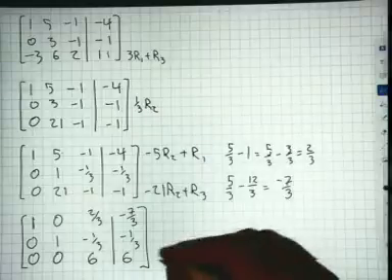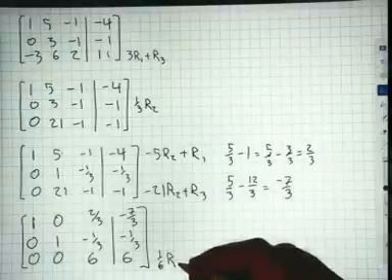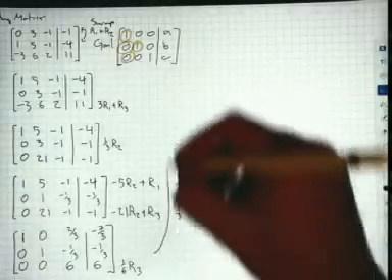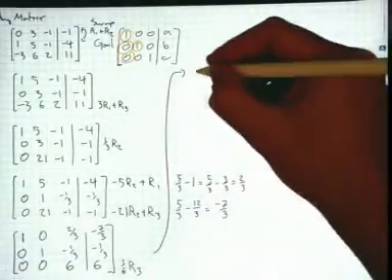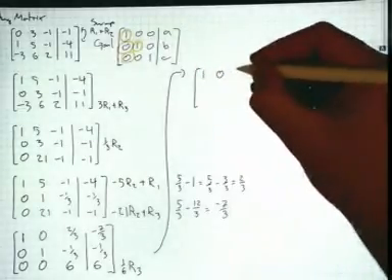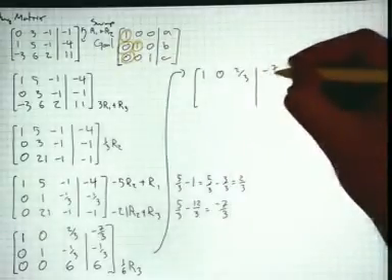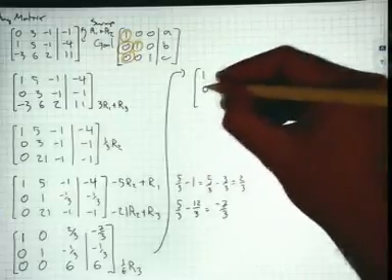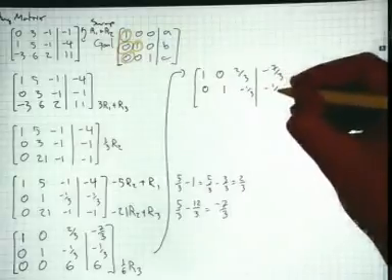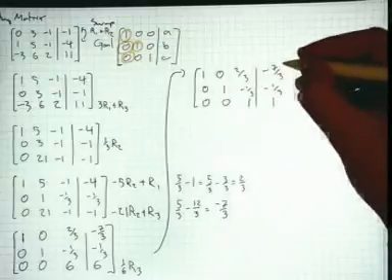So what I would do at this point is take 1/6 of row 3. So we'll come right up here. We'll still have 0, 1, 0, 2/3, comma, negative 7/3. 0, 1, negative 1/3, negative 1/3, and then 0, 0, 1, 1.